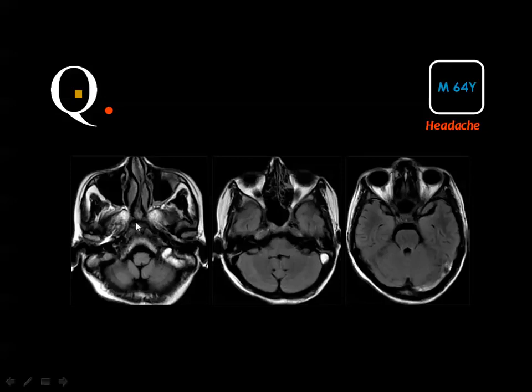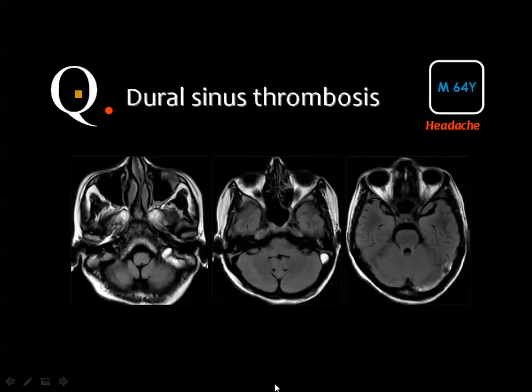Left. This one? Yes, and this is high signal intensity corresponding to the dural sinuses. This is the sigmoid sinus, and this is the internal jugular vein, and this is the transverse sinus. Whenever you see persistent high signal intensity in the dural sinuses, it means dural sinus thrombosis. The most common presenting symptom of dural sinus thrombosis is headache, followed by seizures.